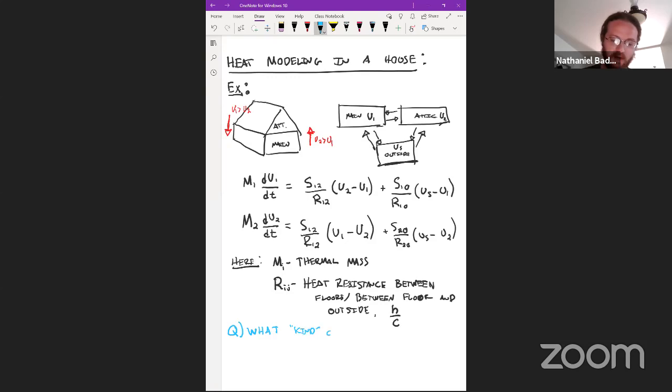What kind of model is this? What mathematics should we use to solve this model?